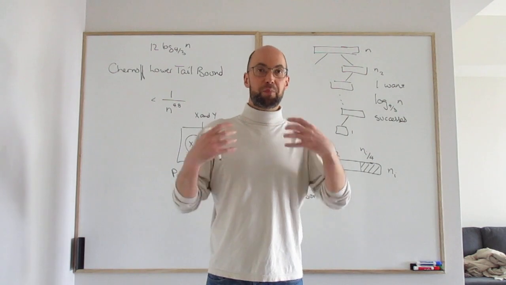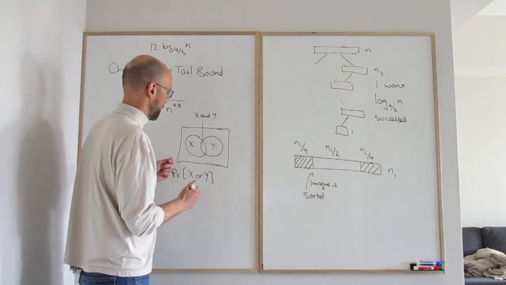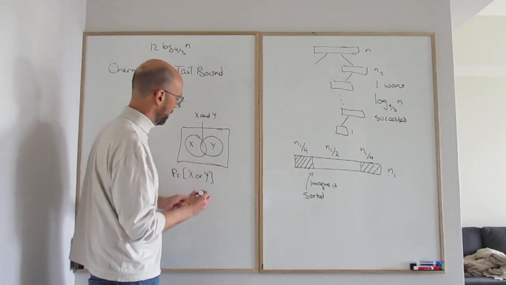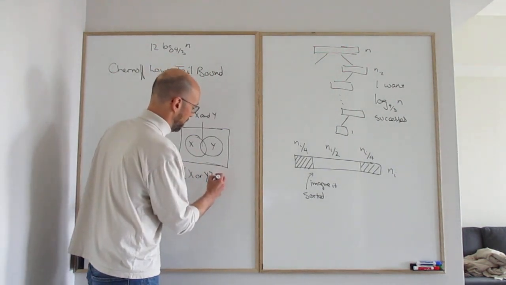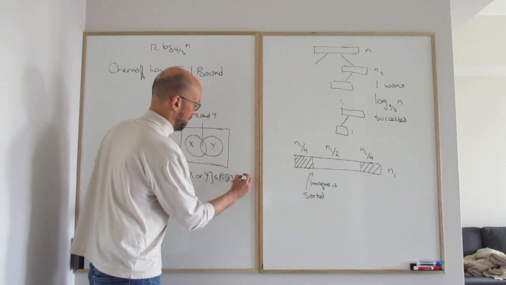But if the events are dependent, then it's a mess. So I don't want to do that, but I just want to say that the probability of X or Y is less than or equal to the probability of X plus the probability of Y.